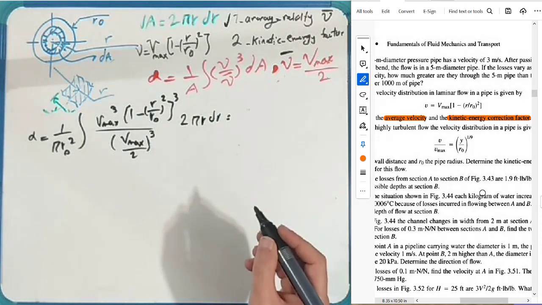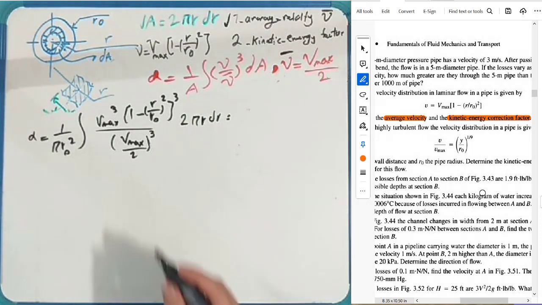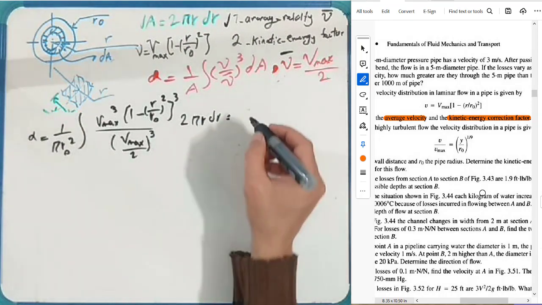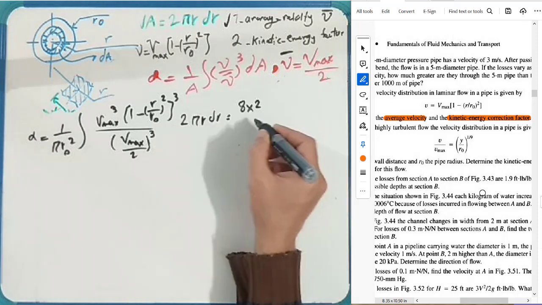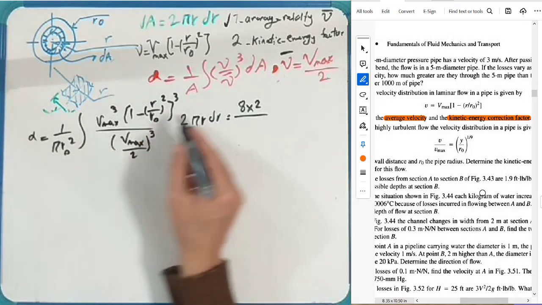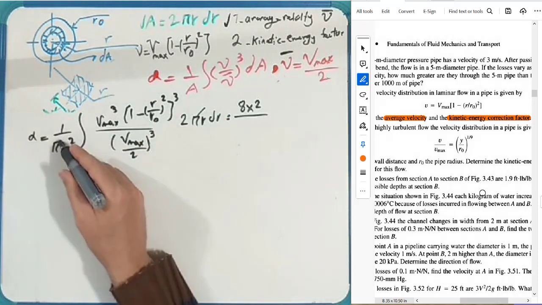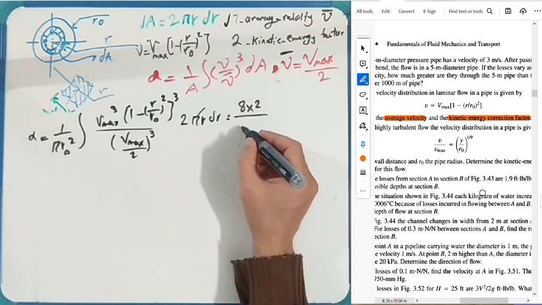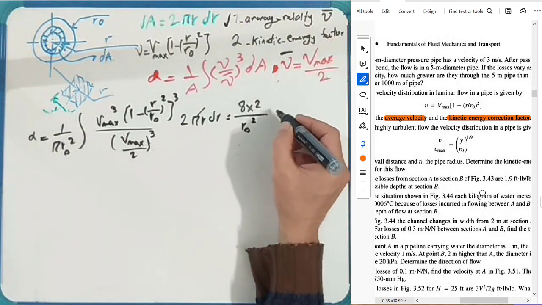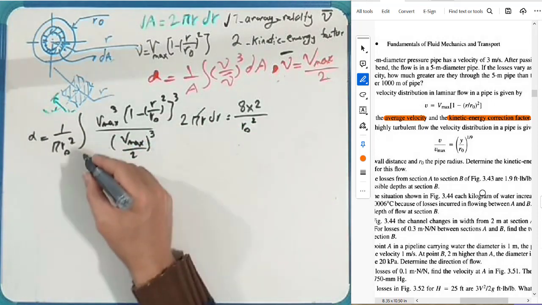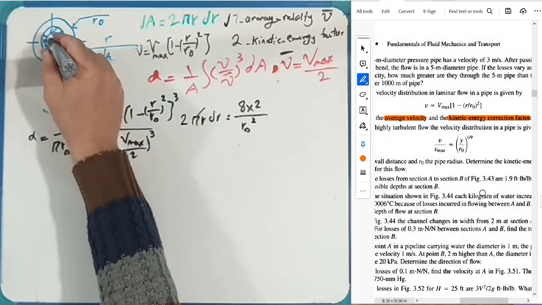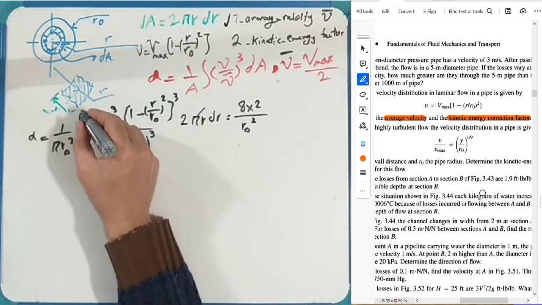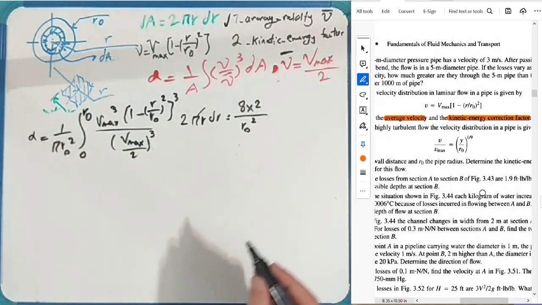Okay, I know 2 with power of 3 will be 8. Multiply by 2, and this π will eliminate this one. We have here a 2, and the limits of the integral are r from 0 to R0.